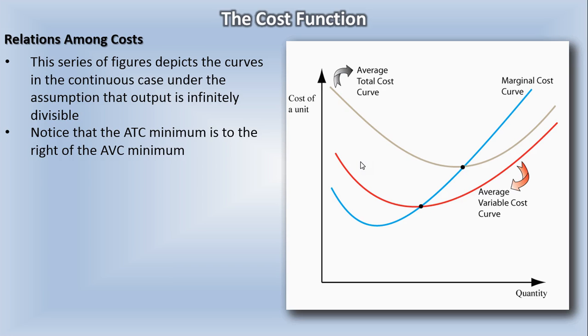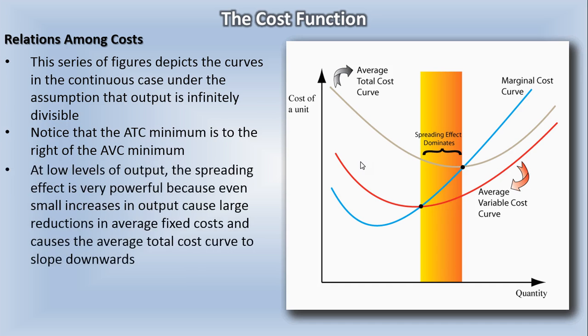So notice that the average total cost minimum is to the right of the average variable cost minimum. So again, over this range where average total costs are still decreasing, even though average variable costs are increasing, that's where the spreading effect from the spreading out of the fixed cost is dominating.